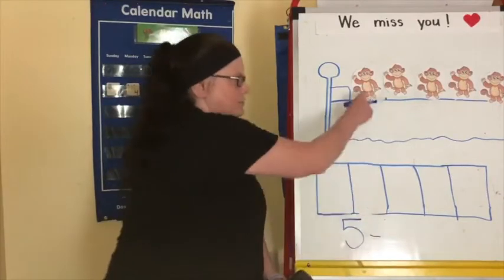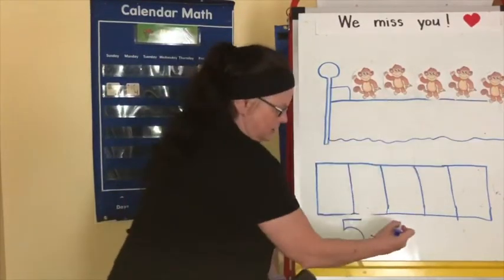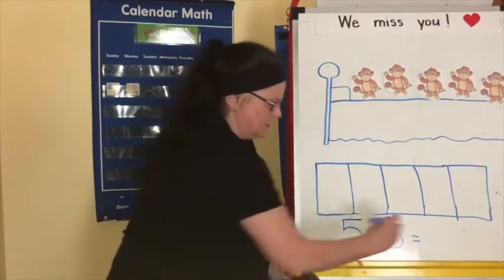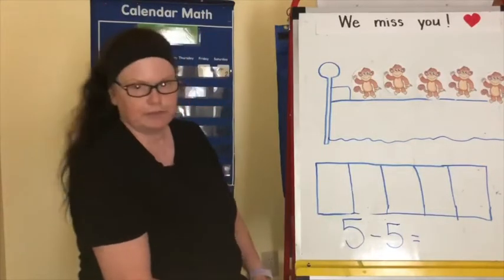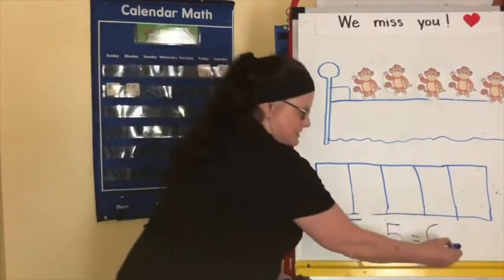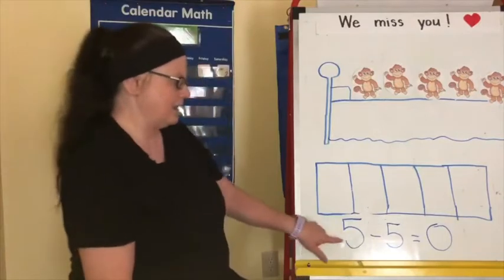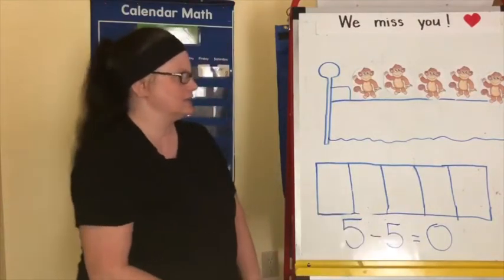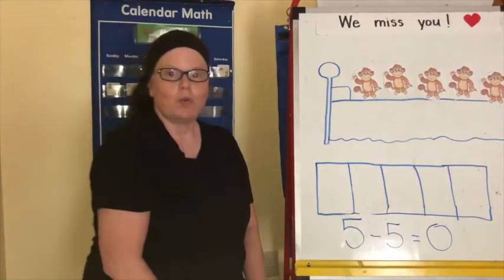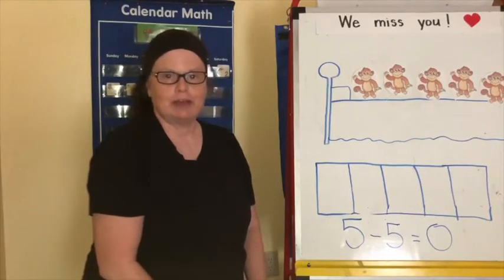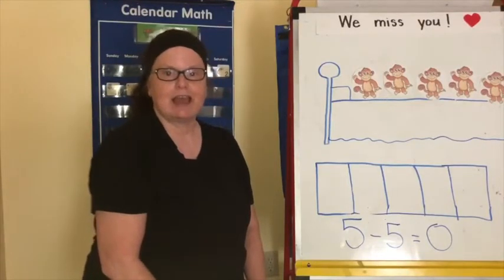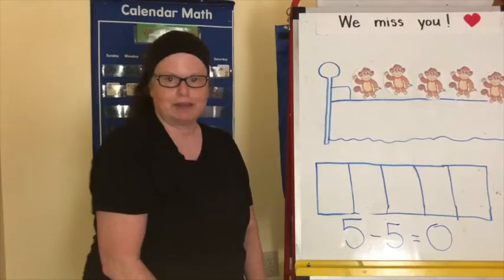So now I have 1, 2, 3, 4, 5 monkeys have all jumped up on the bed. How many do I have left on the floor? 0. 5 minus 5 equals 0. So now, why don't you get on YouTube and search 5 little monkeys and go ahead and do the monkey dance.